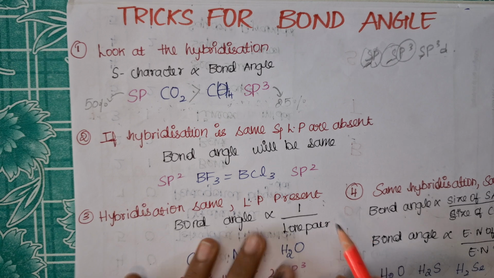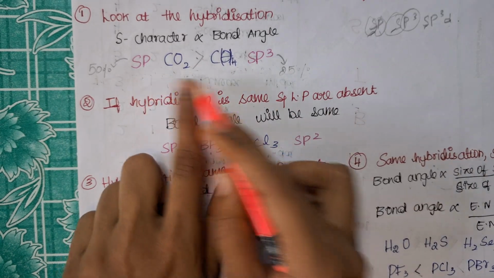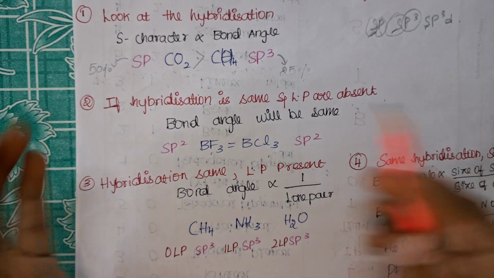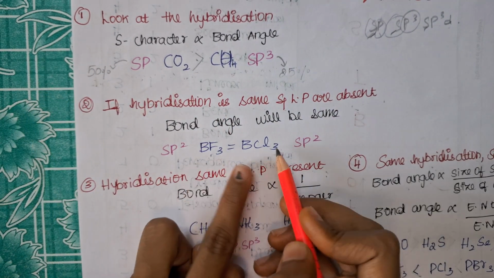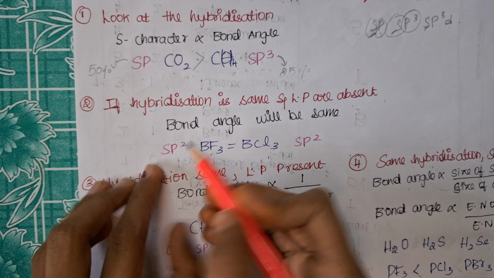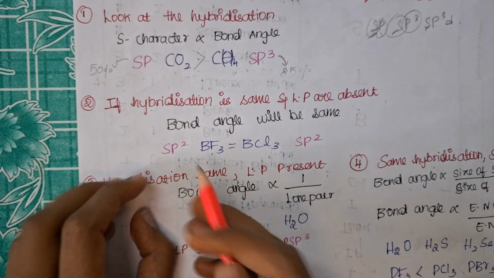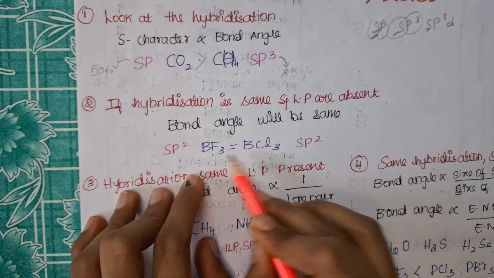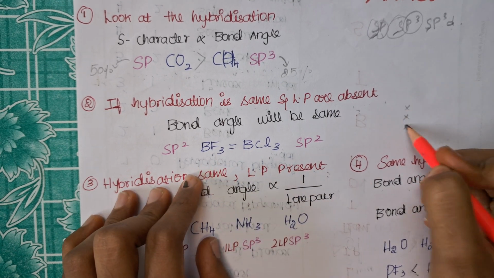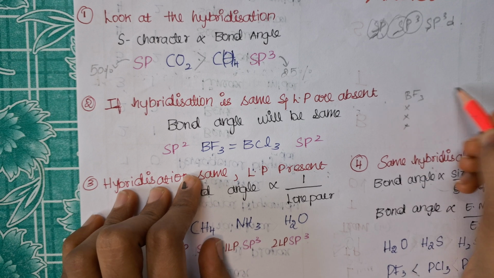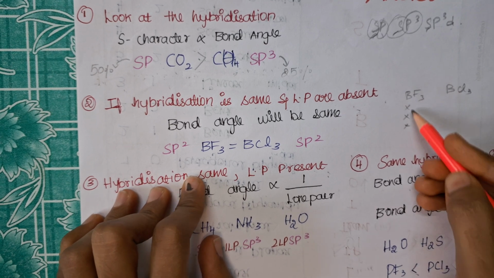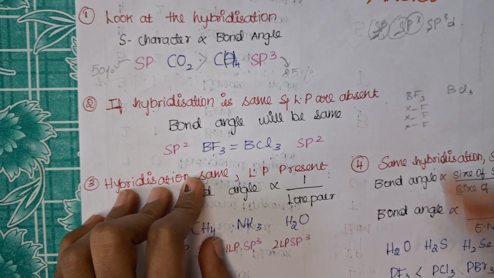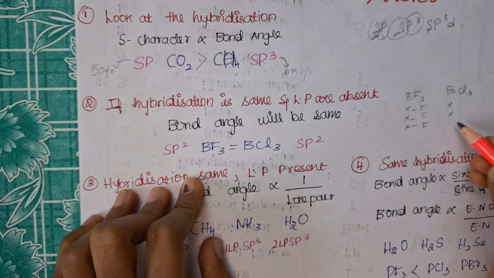What will I do? The next type is if the hybridization is same and the lone pairs are absent. Let's say this is BF3 and BCl3. In both of them the lone pair is absent, and both have sp2 hybridization, because boron in both BF3 and BCl3 has all its valence electrons paired with the F or Cl. How to calculate the hybridization, I will teach you in the next section slowly.